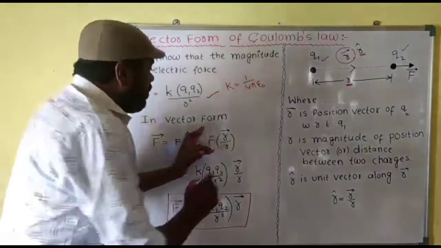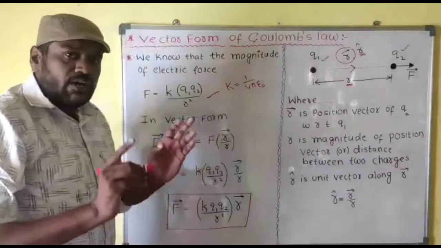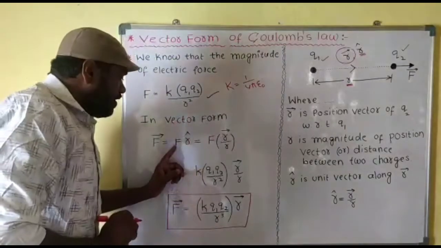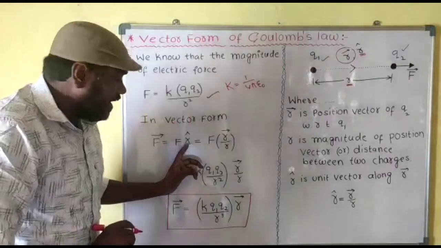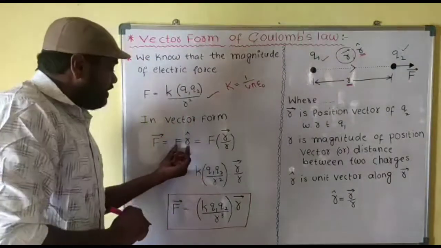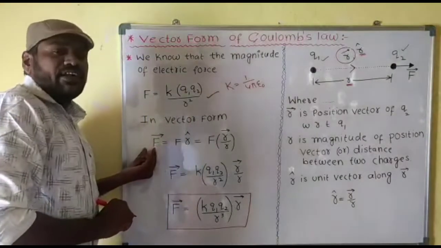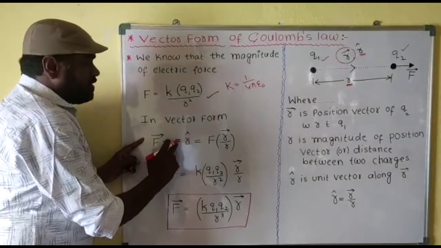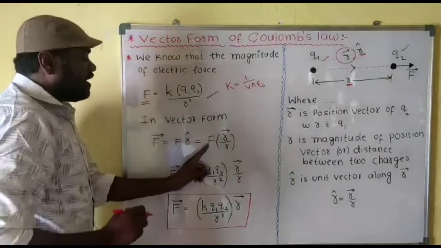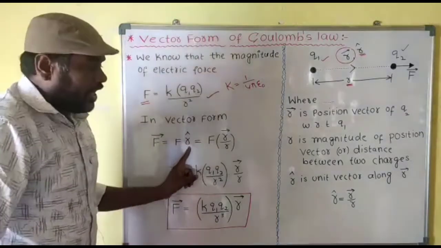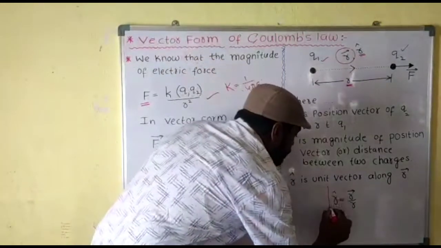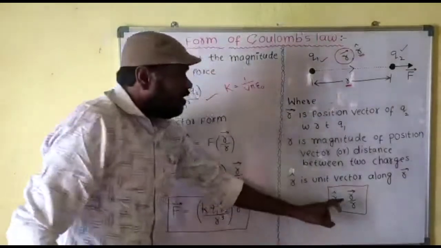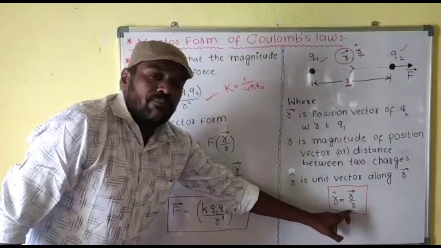Now, whenever you are expressing in vector form, what do we know from the first year? When a magnitude is multiplied with a unit vector, the product becomes the vector form. Therefore, F bar is equal to F into r cap, where F is the magnitude of the vector. The r cap formula: the unit vector is always equal to the vector itself divided by its magnitude.